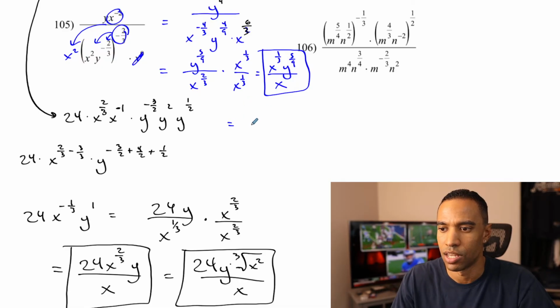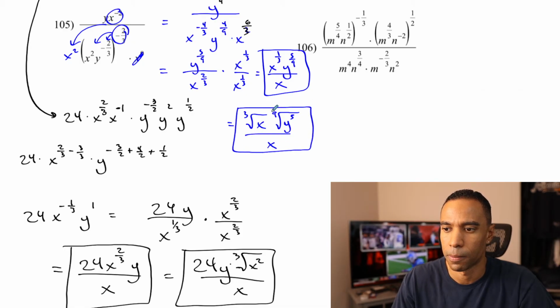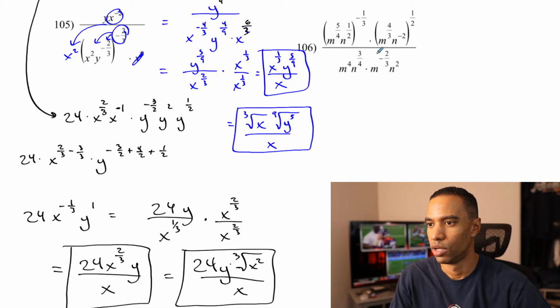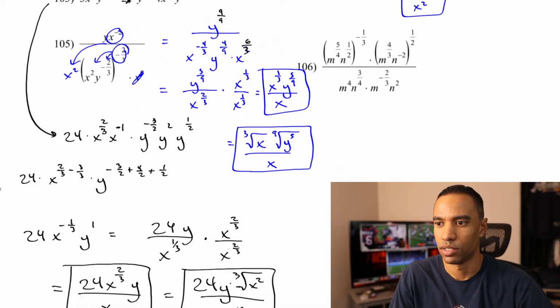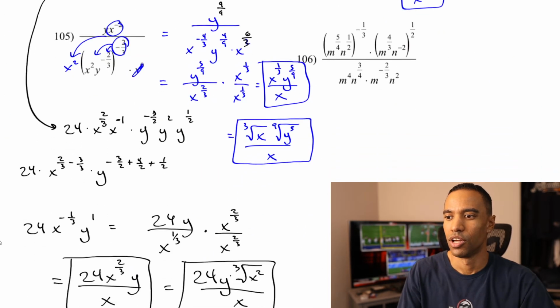So that is the cube root of x times the 9th root of y to the 5th, all divided by x. Oh, whew. Okay. Last one. Yes, last one for these.